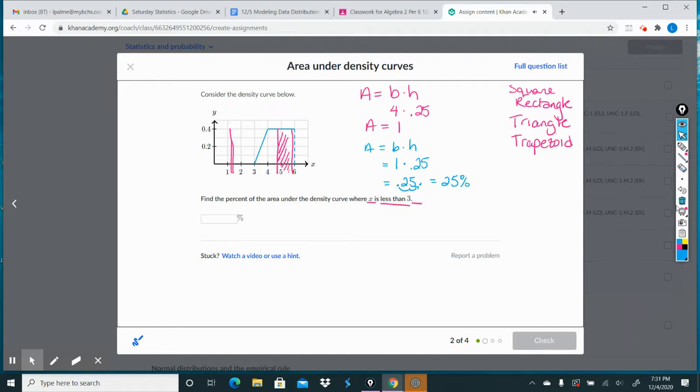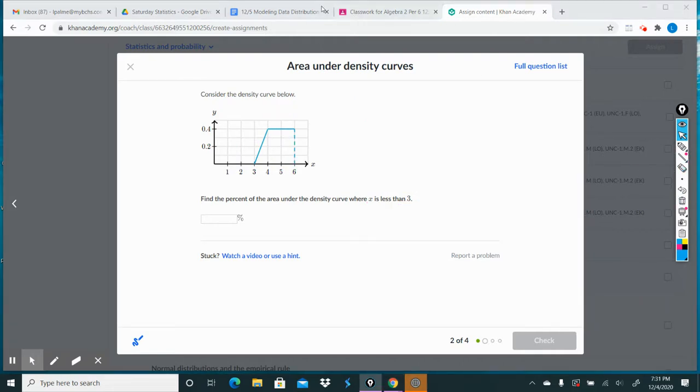Okay, so now we have another density curve, and we have a trapezoid. If we remember, the area of a trapezoid equals base 1 plus base 2, divided by 2, times the height.